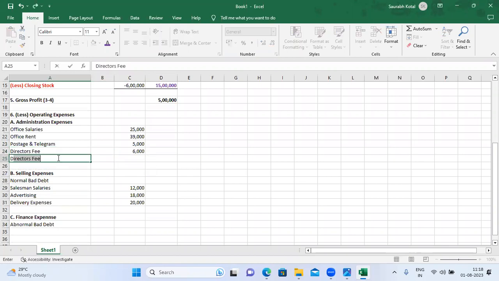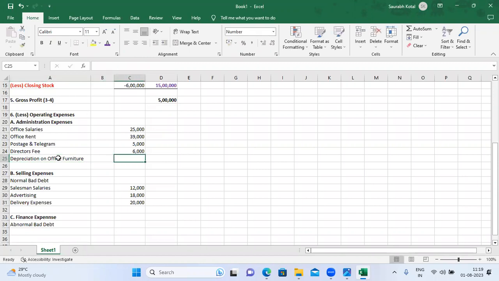Okay, so we have depreciation on office furniture. How much? 10,000, given in the question. Just posting the amount here.